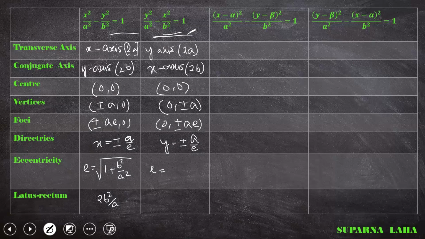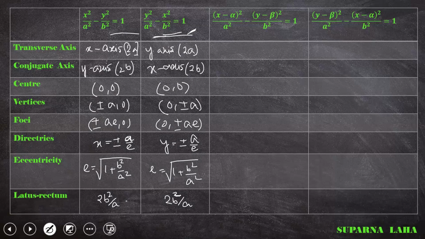Value of e is the same, that is root over 1 plus b square upon a square, and the length of the latus rectum is 2b square by a. Clear?